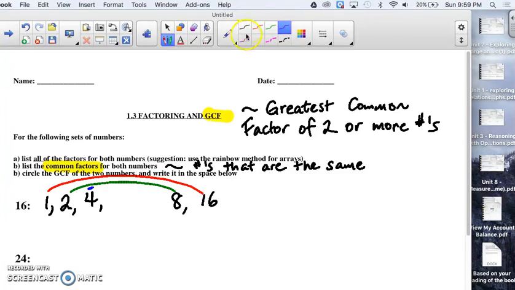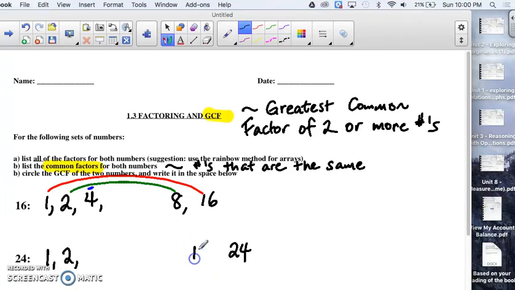Okay, now the factors of 24. Again, if you want to pause the recording and figure out the factors of 24 by yourself, and then replay the recording to check your answer, please feel free to do so. I'm going to continue. So I know it's 1 and 24 because 1 times 24 is 24. I go up numerically from 1. I look at 2. 2 times what equals 24?